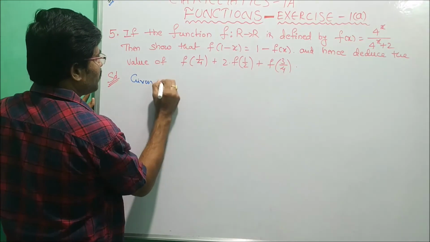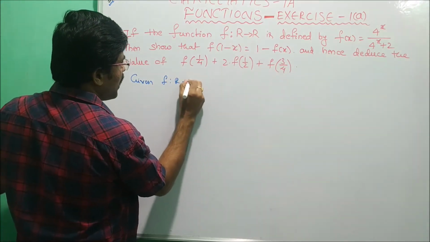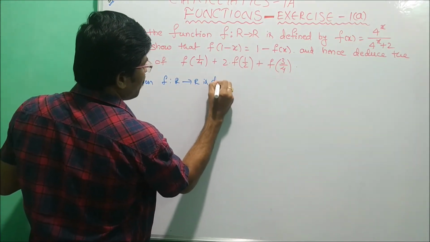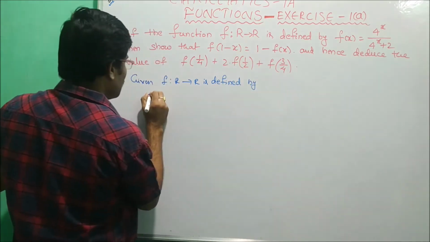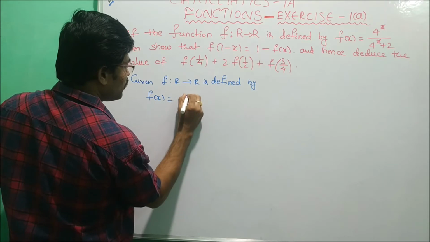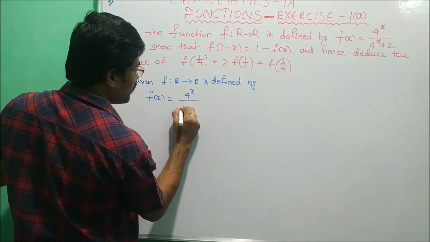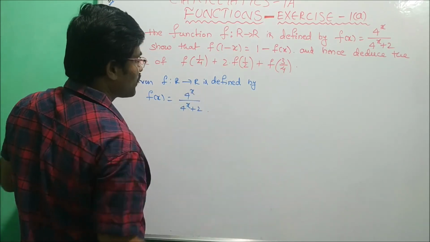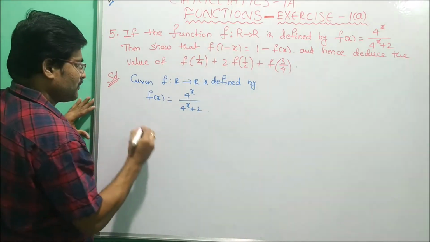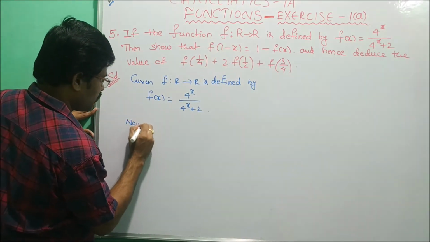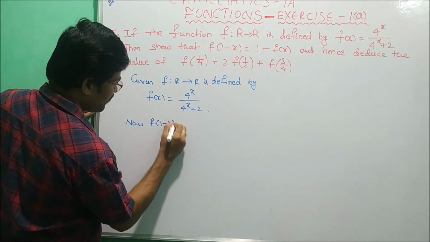Given f from R to R is defined by f(x) equals 4^x by 4^x plus 2. First we find f(1 minus x). Now to find f(1 minus x), replace x by 1 minus x.